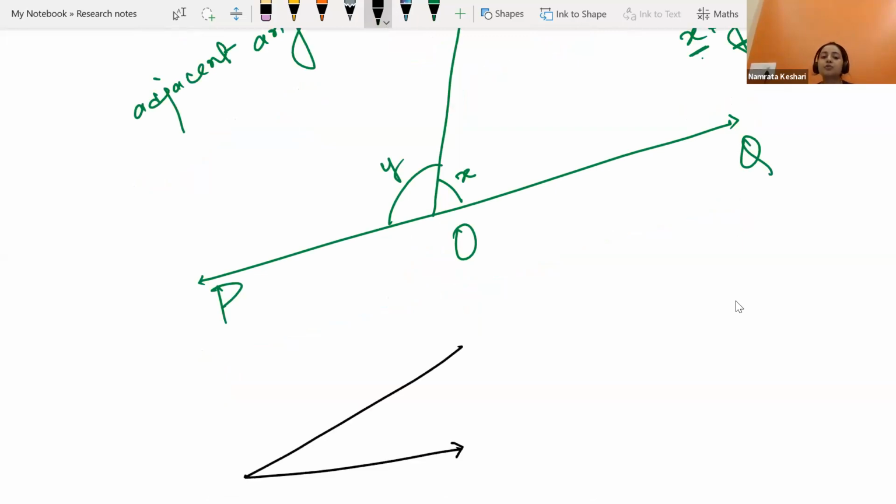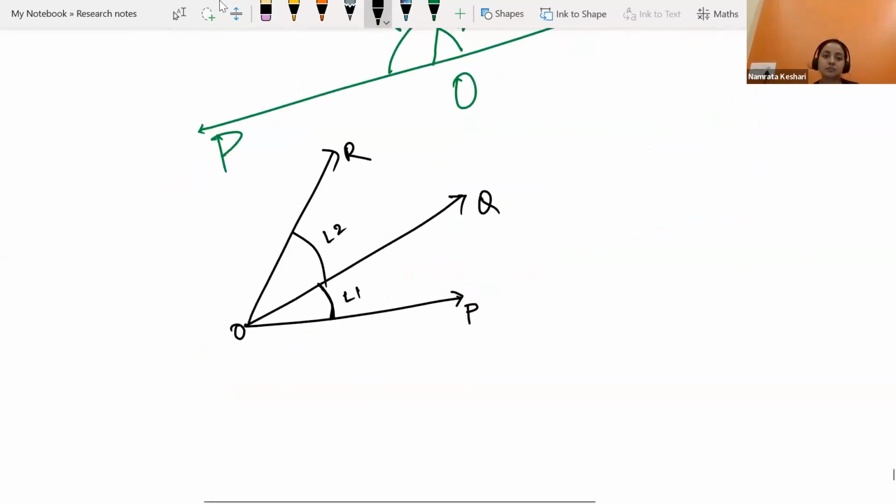Yes, they have one common vertex and one common arm. If you have this angle POQ and this angle QOR, suppose this is angle 1 and this is angle 2, then these two are adjacent angles. Mathematically, adjacent angle means angles which are very next to each other.